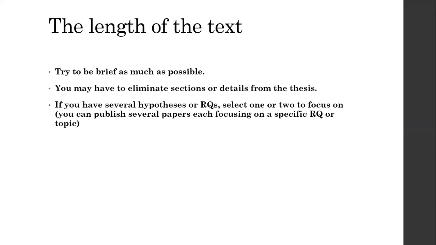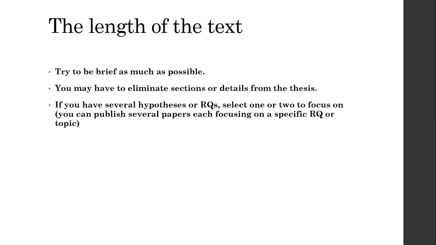Let's start with the first element, the length of the text. What are the characteristics of the best length of the text? It should be as brief and concise as possible and go to the point directly. You have to eliminate sections or details from the thesis that are not needed.